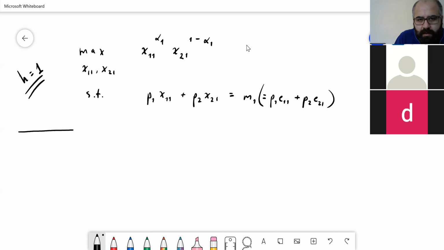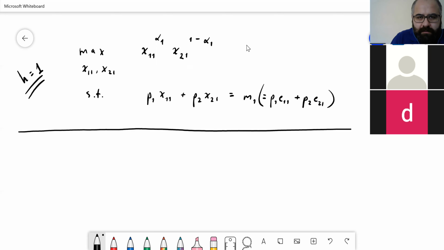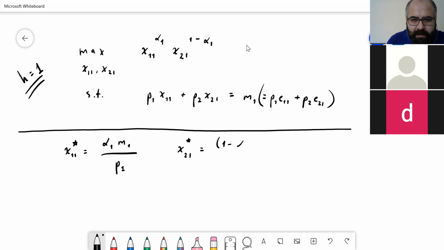But you know that this is Cobb-Douglas, so you know the solution. You can solve it, of course, by using the Lagrange technique. But what you know is that a fraction alpha 1 of income is going to be spent on the first good, and the fraction 1 minus alpha 1 of income is going to be spent on the second good.